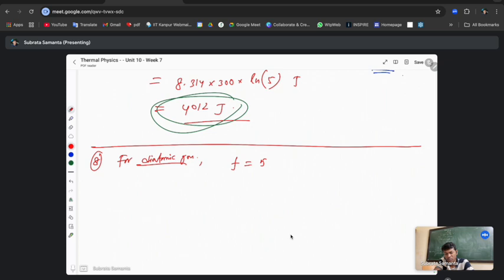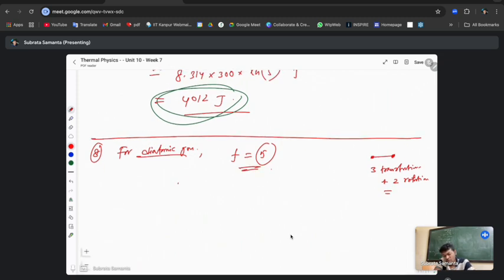So 3 translation plus 2 rotation, total 5 degrees of freedom. So gamma is 1 plus 2 by F, so 1 plus 2 by 5 is 7 over 5. Is it clear or not?